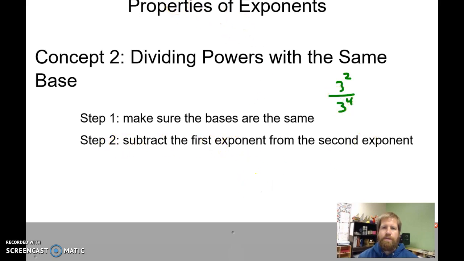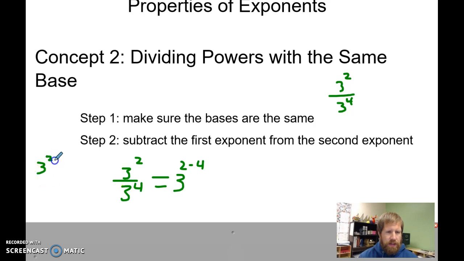from the second exponent. So in this case we have 3 to the second divided by 3 to the fourth. And keep our base the same, and it becomes 2 minus 4. Whatever the bottom number or the second number, because we could also write this as 3 to the second divided by 3 to the fourth.